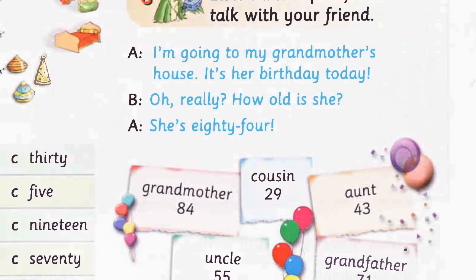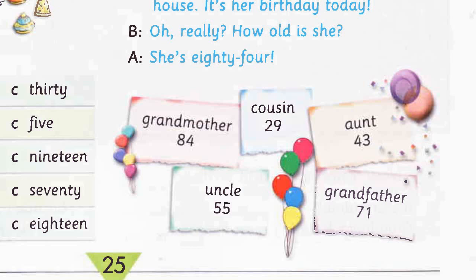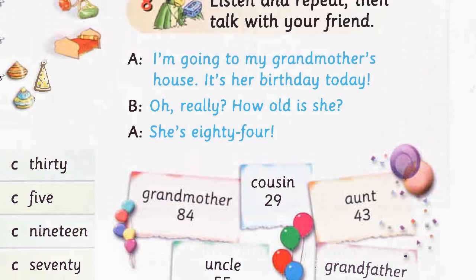Now I want you to look at the examples of conversation. You heard it, and try to make up sentences. First we're going to say, and then you're going to write afterwards. For the situation here, look here. I'm going to my grandmother's house. It's her birthday today. Oh, really? How old is she?